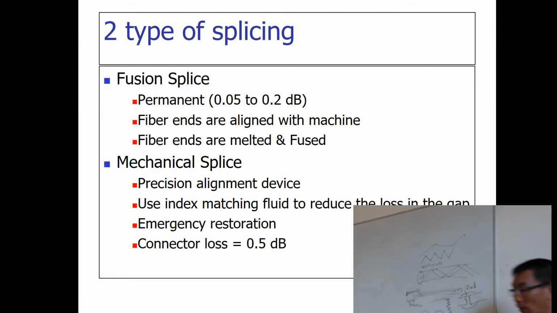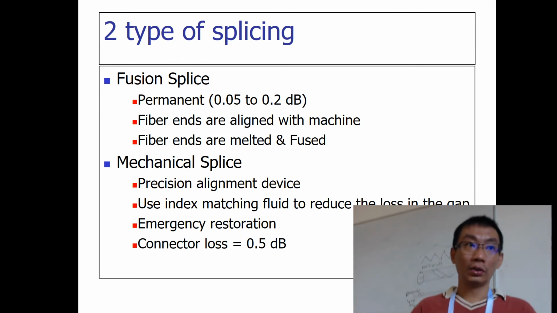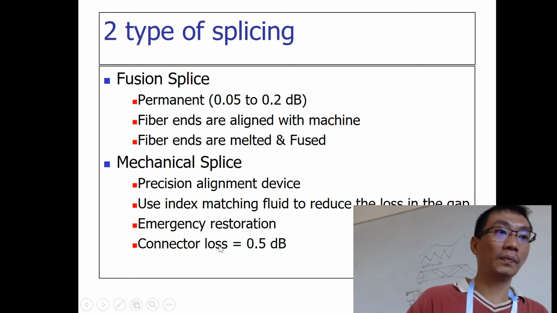We put in some fluid here because when the light comes in, we want the light to think that the fluid is still glass. So the fluid is something like an index-matching fluid. This is the loss you are talking about, 0.5 dB.